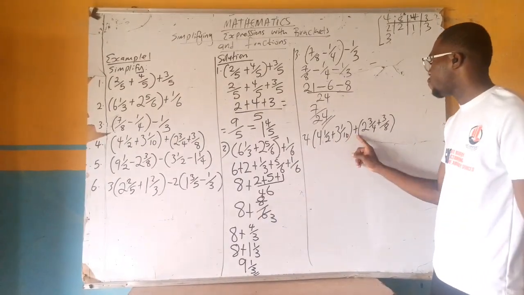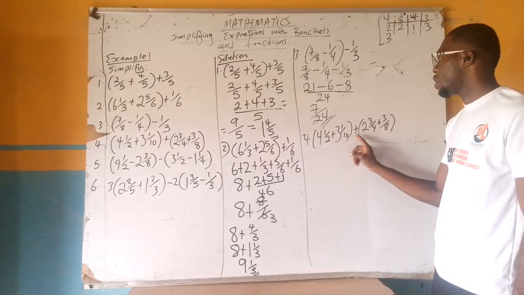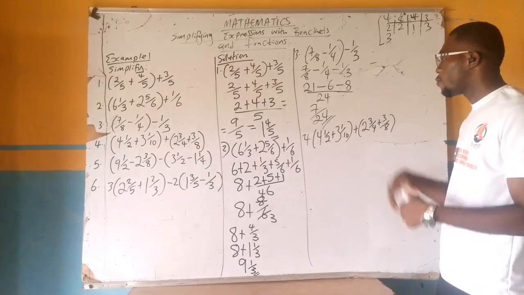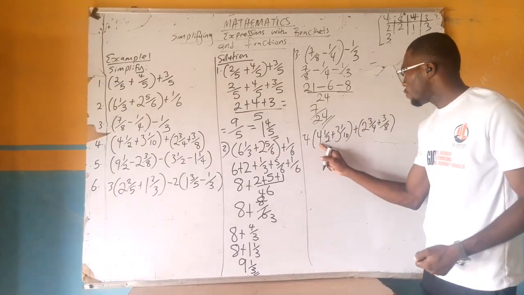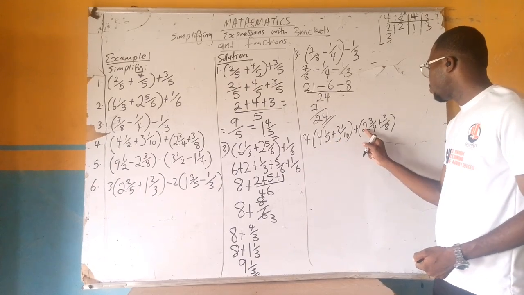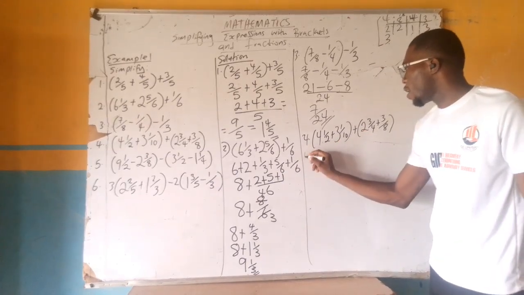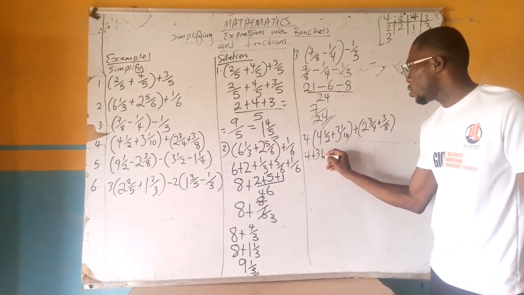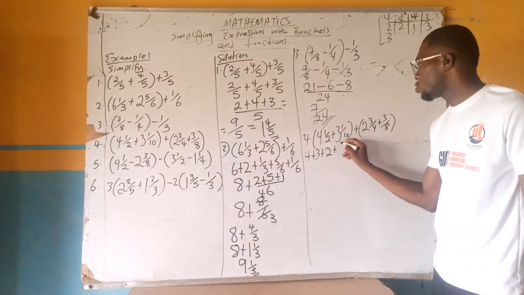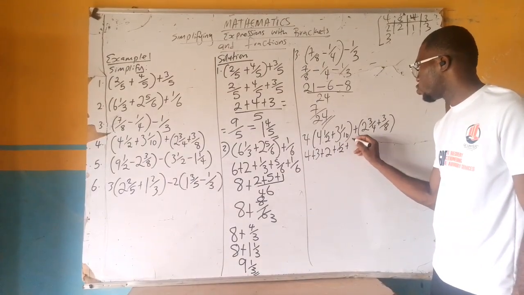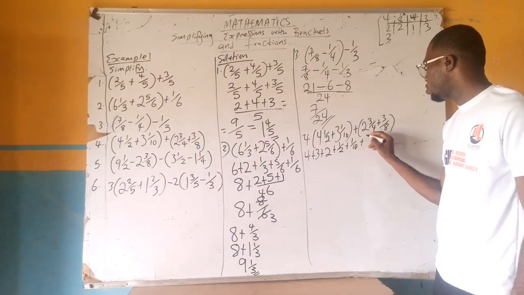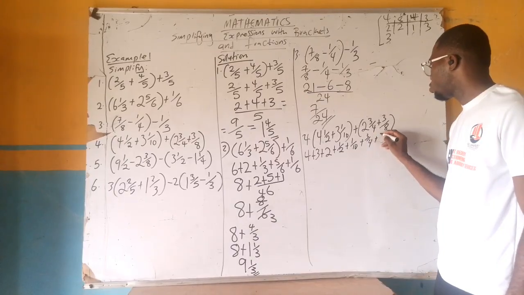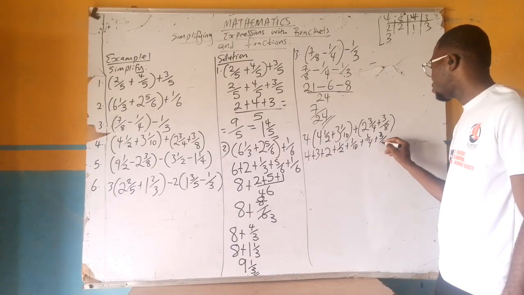Since all these things have plus, okay, since they have a positive sign, we can remove the brackets and we have 4 plus 3 plus 2, plus 1 over 2 plus 1 over 10 plus 3 over 4 plus 3 over 8.